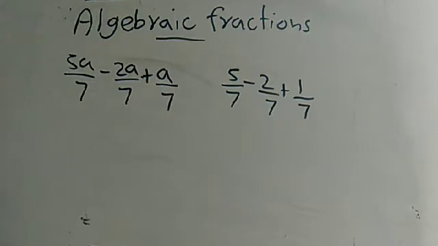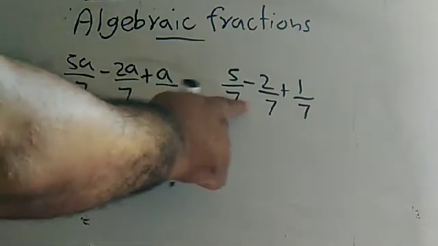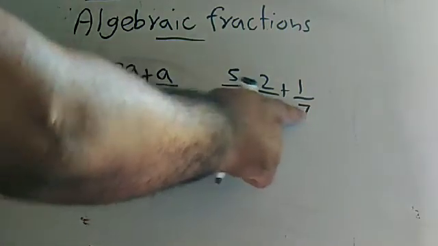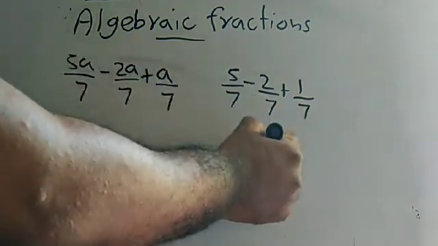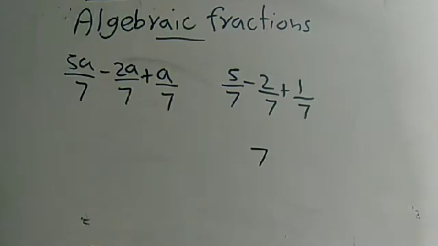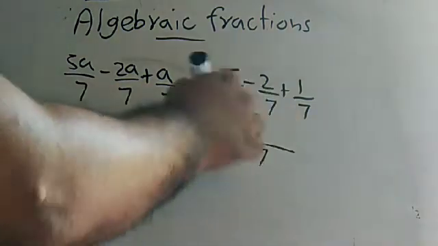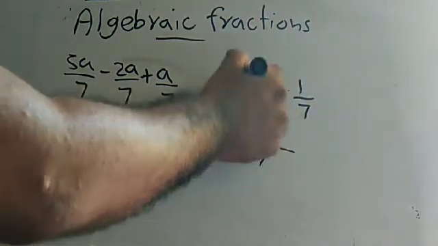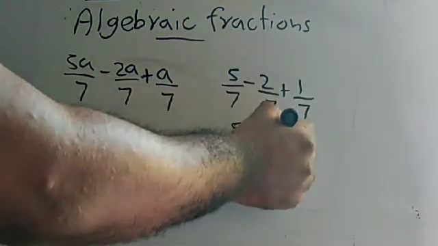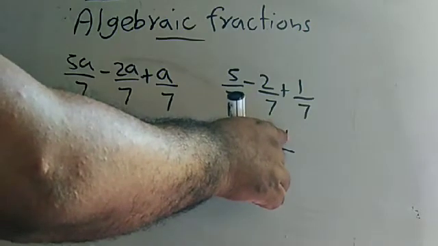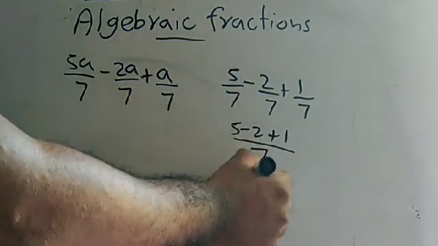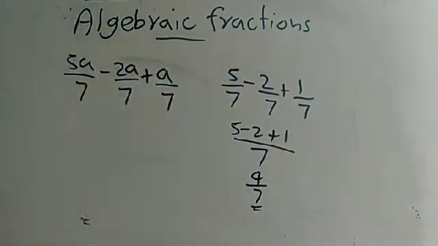There are 3 fractions with equal denominators, the common denominator is 7. Now the numerators: the first two we subtract, the other one we add. 5 minus 2, 3. 3 plus 1, 4. 4 upon 7. This is how we simplify.